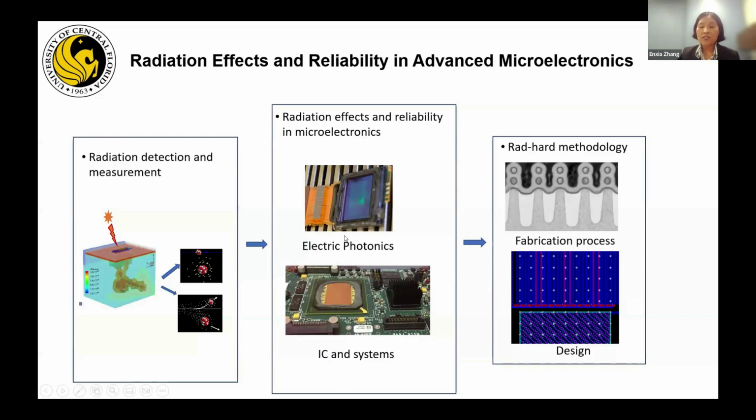Here are examples at the circuit level, the board. This is a photonic circuit. The other is a big memory circuit fabricated by GlobalFoundries and in collaboration with the GNC. So once we get the radiation effects and test the reliability, we move on to rad hard, either by processing or by design.